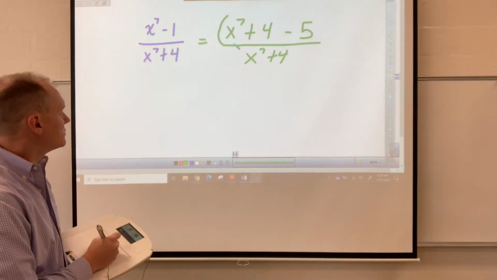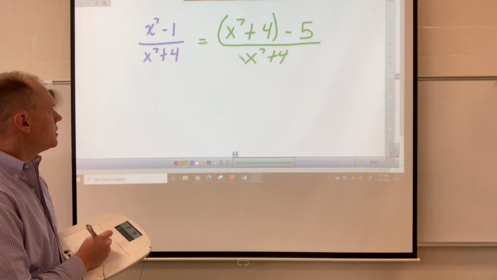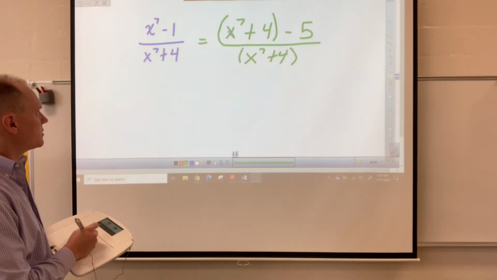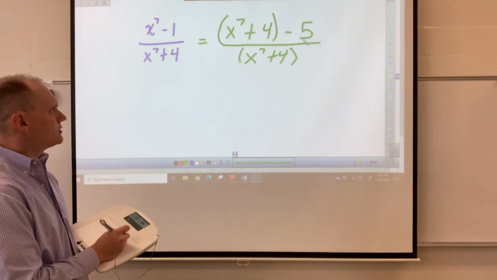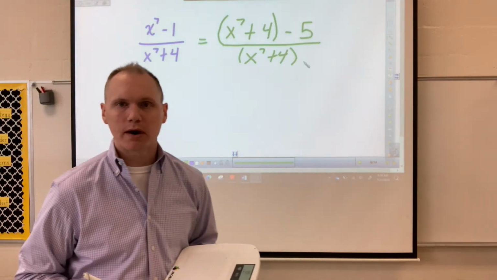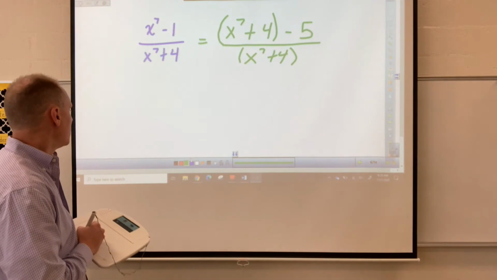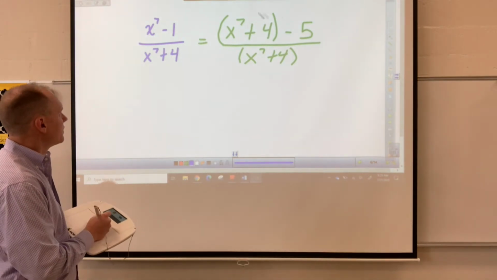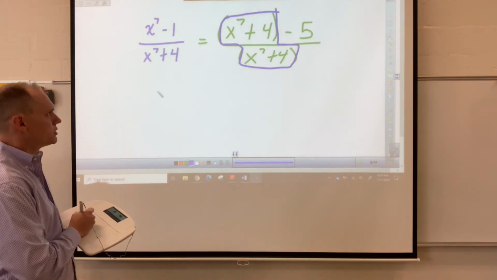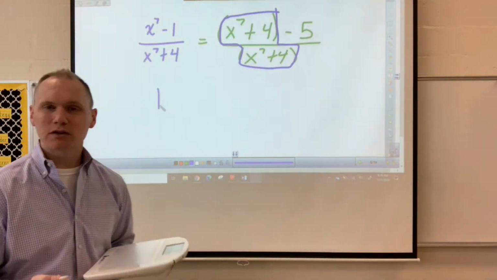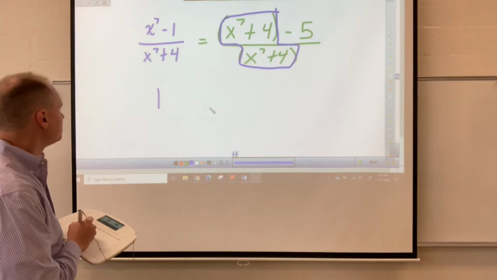But yet, I can group these two here so that when I divide, I'm going to divide the first group by x to the 7th plus 4, and then the second group, which is negative 5, by x to the 7th plus 4. So in blue, when I divide this part by it, I'm left with just 1, which is really cool.